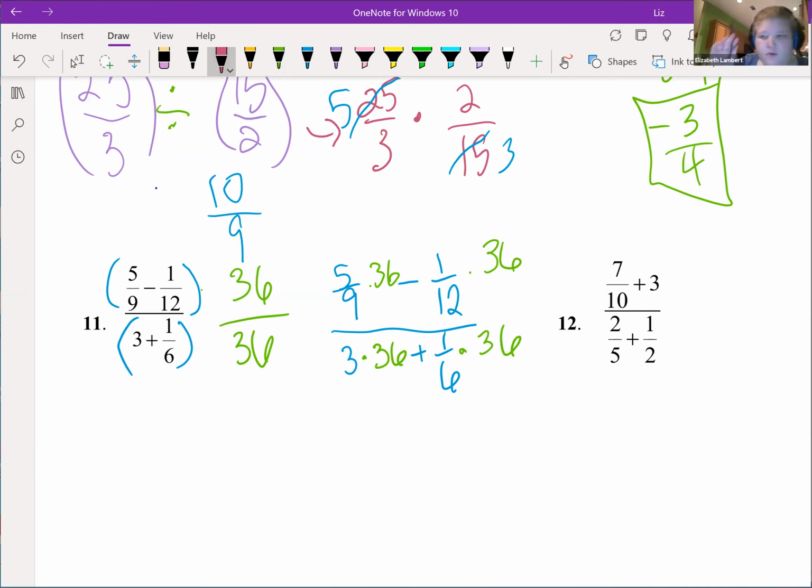All right, now, magic trick. So the 9 goes into the 36 4 times. That is now just 5 times 4, so we have 20. Minus 12 goes into 36 3 times. 1 times 3 is 3. 3 times 36 is, whoo, that is 90 and 18, 108.